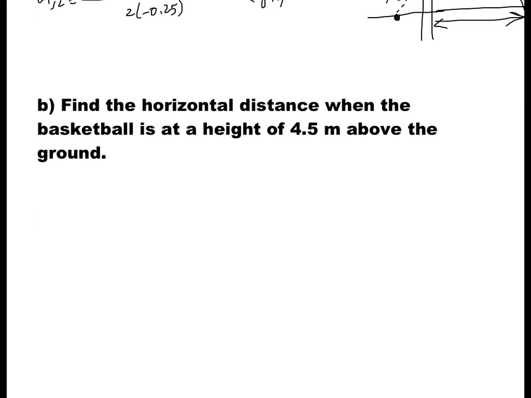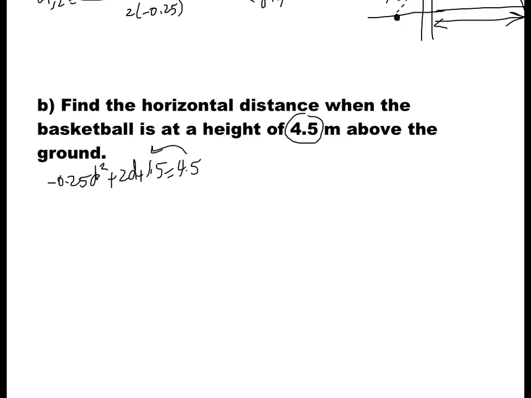The second part of the question says, find the horizontal distance for which the ball is at a height of 4.5. This means that instead of h, I have to substitute 4.5 and solve the equation. So I get negative 0.25 d squared plus 2d plus 1.5 equals 4.5.